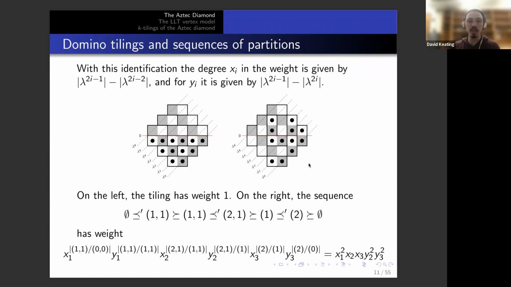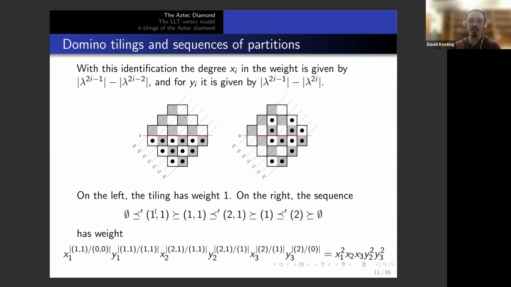Now in terms of the partitions, we can still read off the weights. The x's are associated to whenever we see a co-interlacing, and the y's are associated to whenever we see an interlacing. So you look at the first co-interlacing, and you look at the difference in size of the partitions.